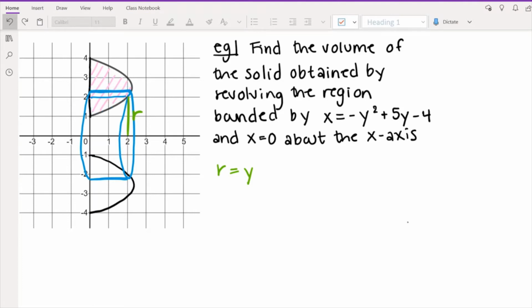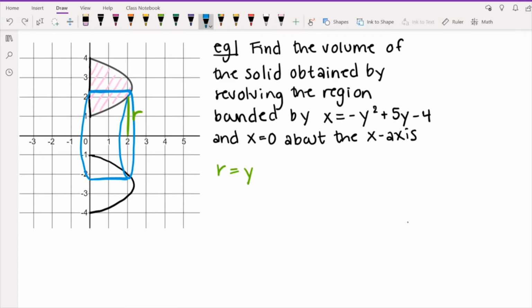We want infinitely many of these cylinders, so we want to include every y value. Of course, there are some y values that aren't going to be included, like y equal to 1/2. There's no cylinder there, because that's in the middle of the donut. How are we going to make sure that we exclude that y value? That's where the bounds come in, similar to the similar example in the last video.